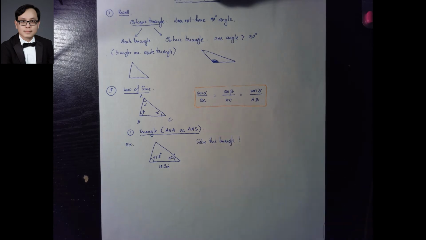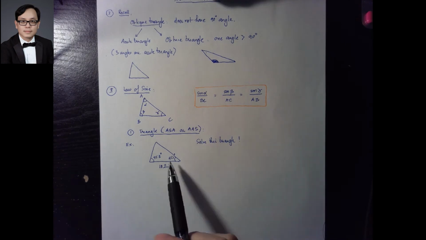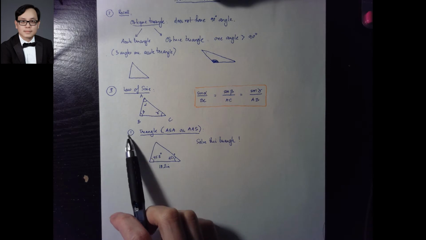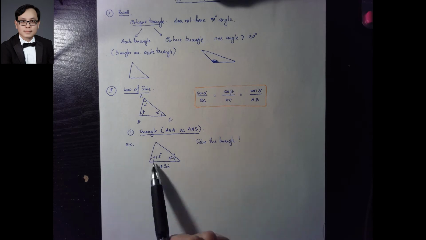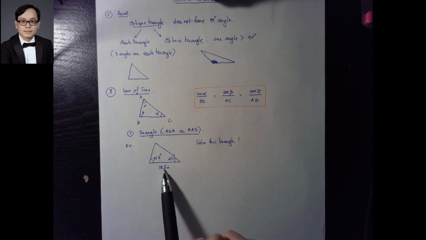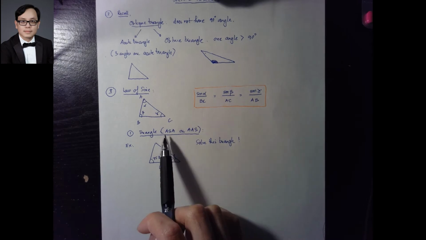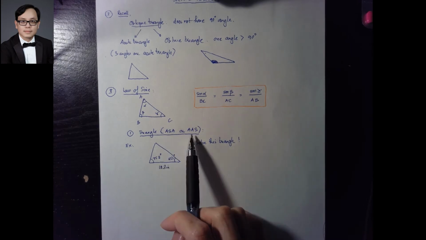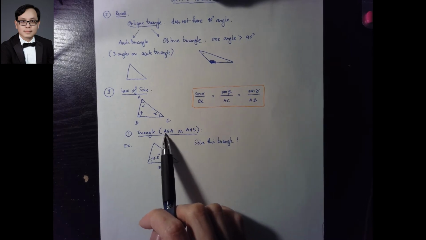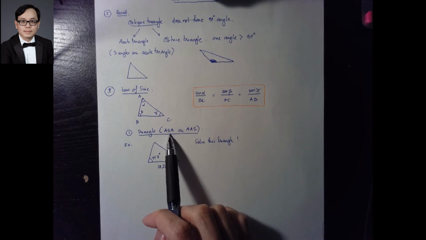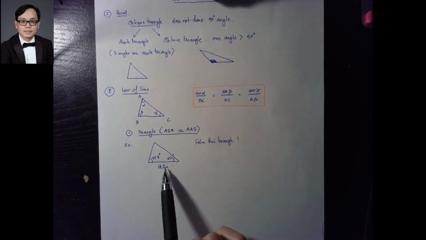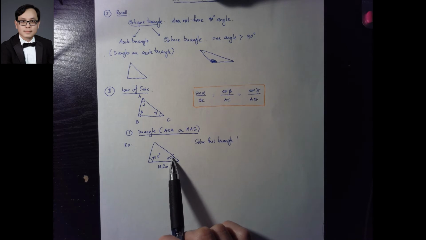So we gotta check if the question here falls into the first case or not. They give you the angle, the side, and the angle. So it's satisfied, right? Angle, side, angle. They are all given.